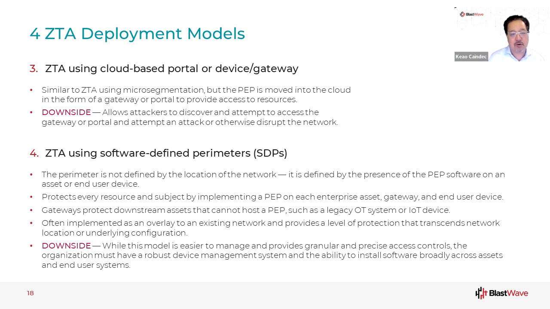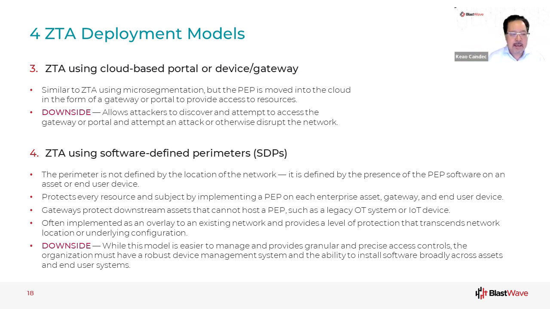Those gateways and portals are typically publicly accessible, so their IP addresses are on the public internet, and it still makes it easy for the hackers to attack, and it becomes a single point of failure. Yeah, and just to clarify, in the terms of Forrester and Gartner, which people may be familiar with, this is the secure service edge or secure access service edge model.